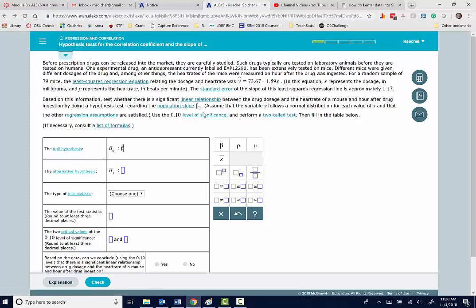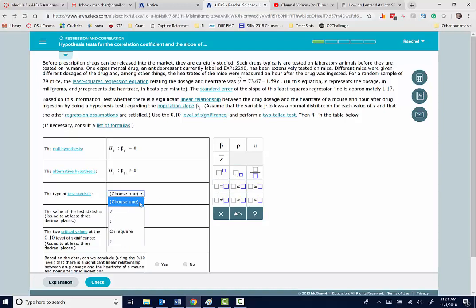This is actually unnecessary because there's only one regression coefficient, but when we get to multiple linear regression, you're going to have multiple beta values, and so it will be really important to always denote your betas with a subscript. In this case, we'll do beta 1. Our null hypothesis is that that coefficient is equal to 0, and our alternative or research hypothesis is that beta 1 is not equal to 0, so something other than 0.